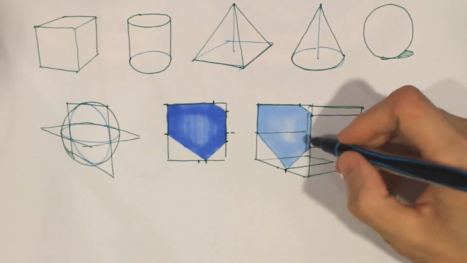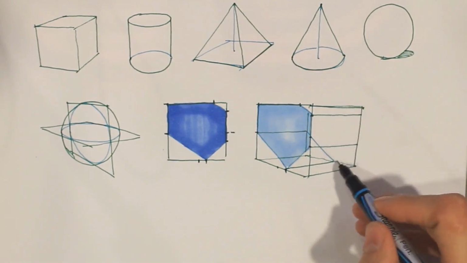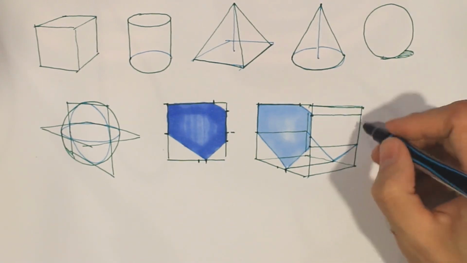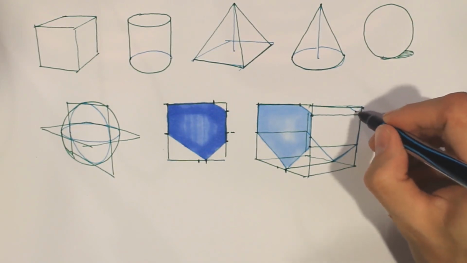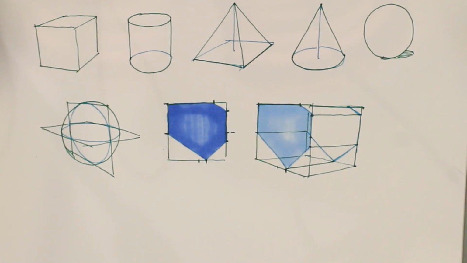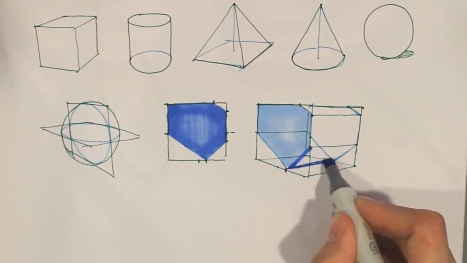Okay, and now I'll connect those vertices again. Now I'm going to fill that in so we can see that polygon in full.